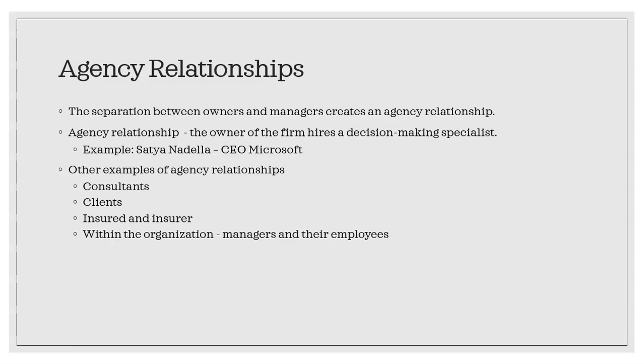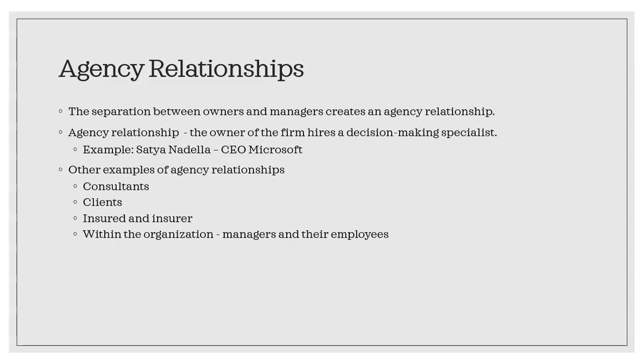NCB, Michael Leachin, does not run the company. Hilton is the CEO. But there are other examples of agency relationships that we will mention but not focus on here. So other examples of agency relationships are consultants and clients, insurers. And within the organization, agency relationships also include the relationship between the managers and the employees in the organization.